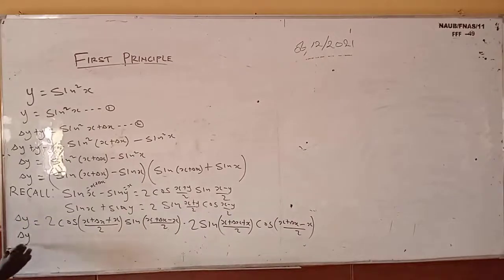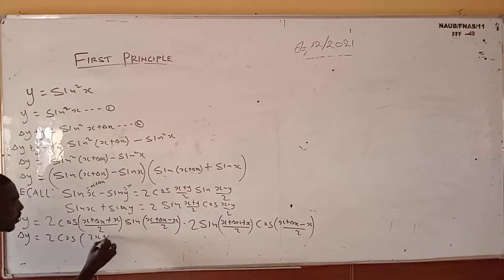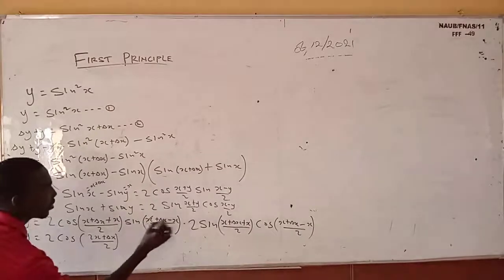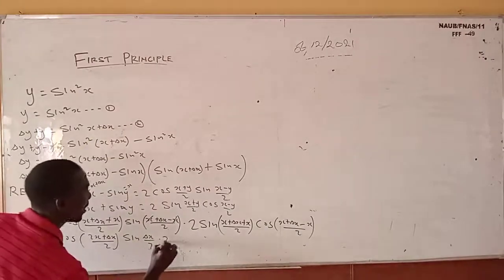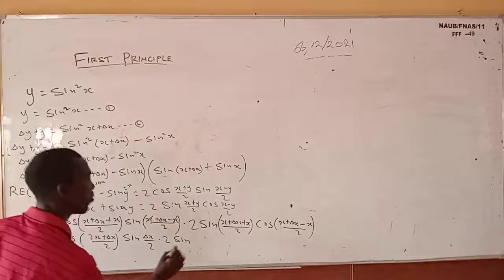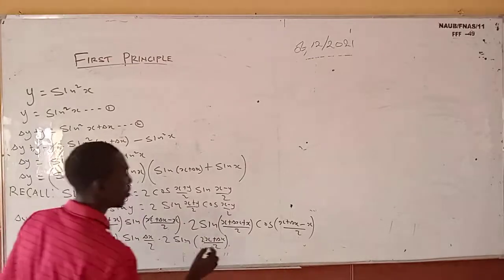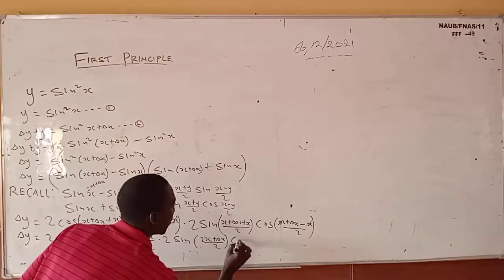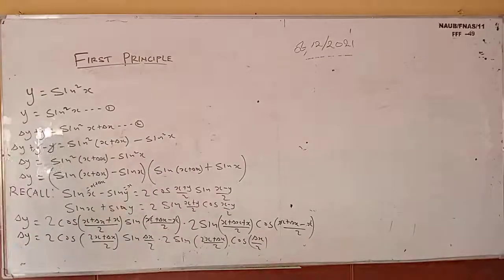So now change in y is equal to 2 cos of (2x plus change in x) over 2, times sin of (change in x) over 2, because this one cancels this. Then multiplied by 2 sin of (2x plus change in x) over 2 times cos of (change in x) over 2; this also cancels. Now, do we have anything that we can multiply together there?